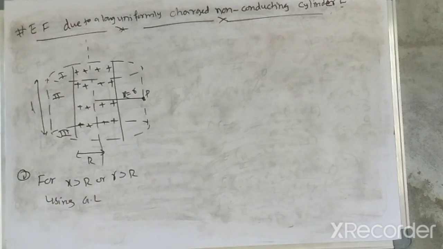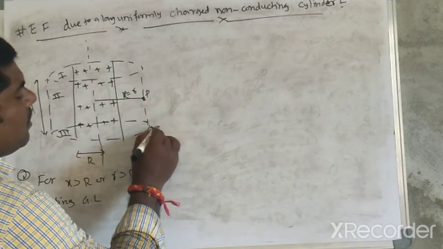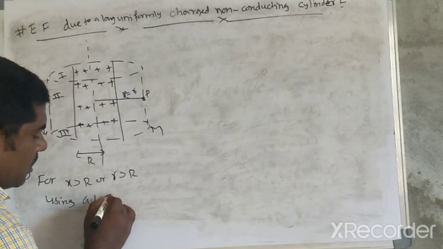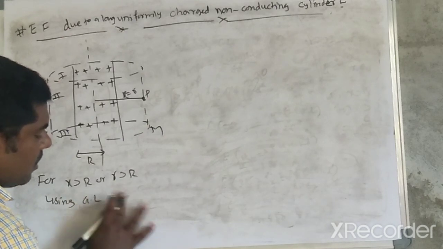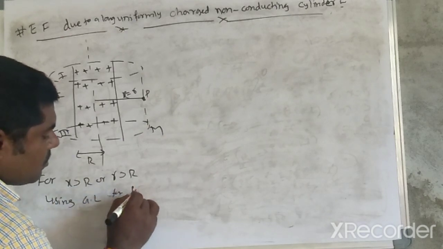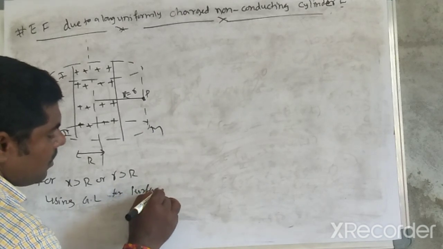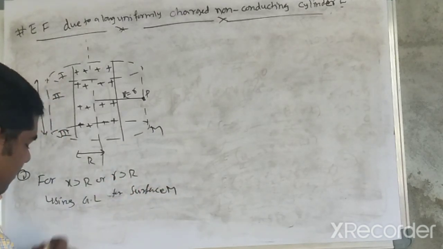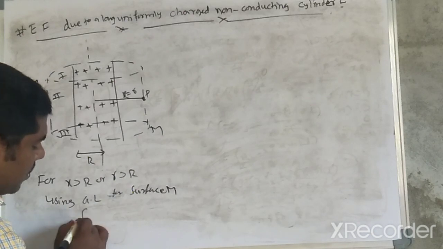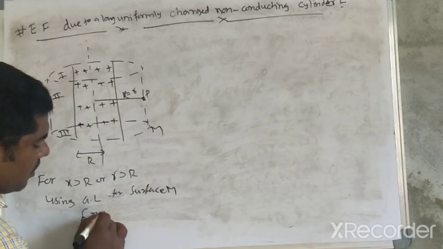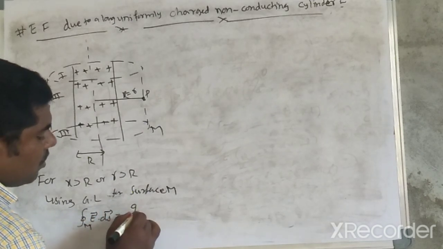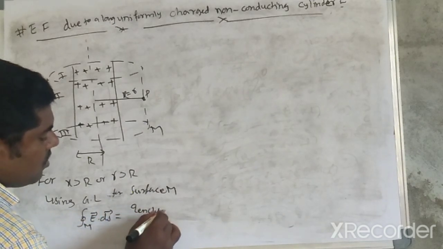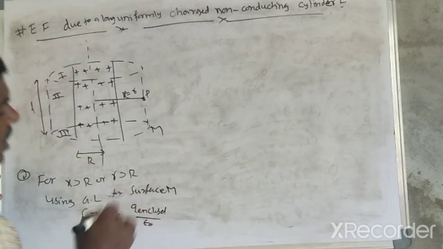Using Gauss law, let us consider this surface M. According to Gauss law, the closed integral of E bar dot ds bar is equal to Q enclosed divided by epsilon naught.